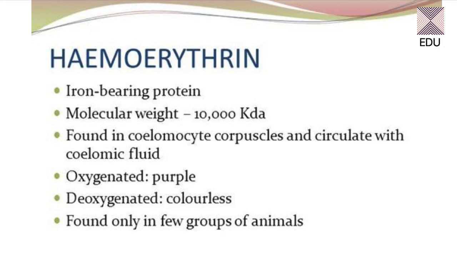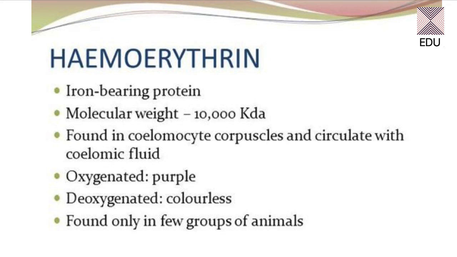Now, what is the color? It is purple when oxygenated. That means when it combines with oxygen, it gives a purple color to the blood or the hemolymph, or the coelomic fluid, we should say. When it is deoxygenated, it is colorless.